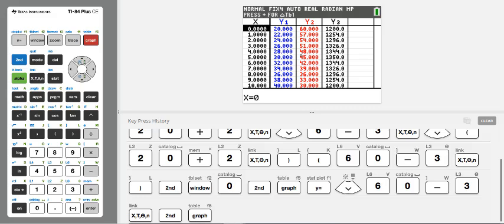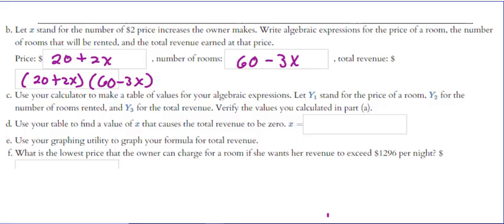That's these two multiplied, right? So let's see if we can figure out. Well, X would need to be 20 increases, right? 20 price increases to give a revenue of 0. So that would be 20.